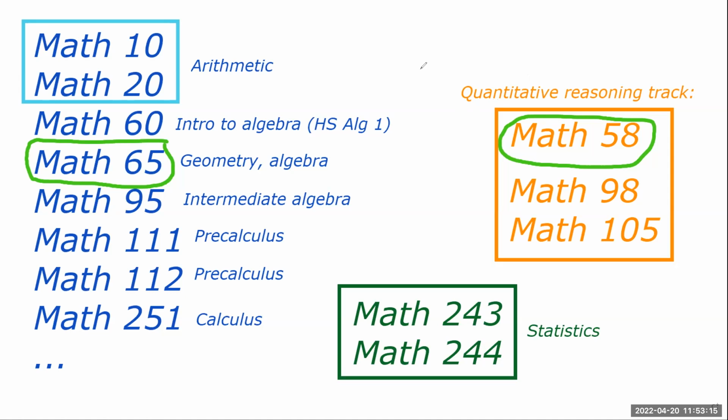But let's say, having talked to your advisor, you know you need Math 65 or 58, but you went and took the placement test even without preparing, and very brave of you, and you placed in at Math 10. That is a very common occurrence. It does not necessarily mean Math 10 is where you should start. It's a great class. It could be the right place to start.